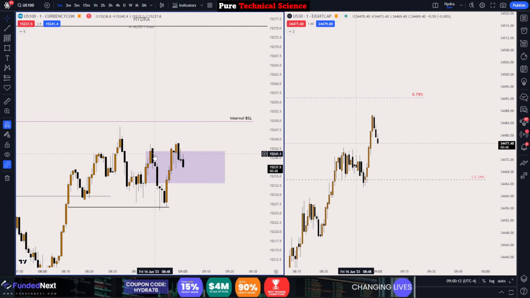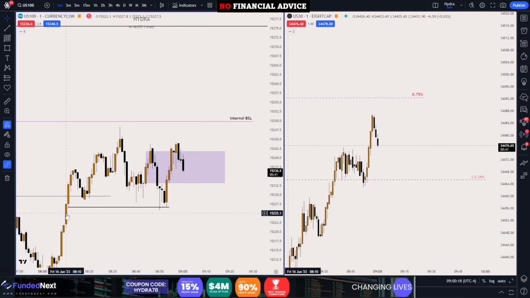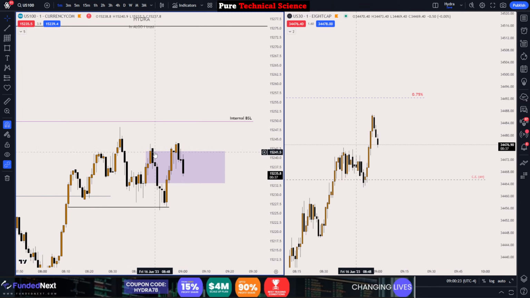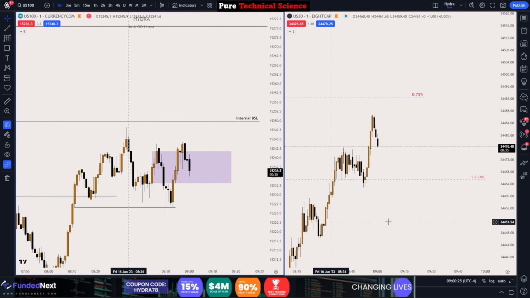So this is another setup that I see here that I can tape read. This is the breaker block, lower low, new lower low. This low hit the discount PD array, this fair value gap here. Now let's see if price is respecting this breaker block or not.